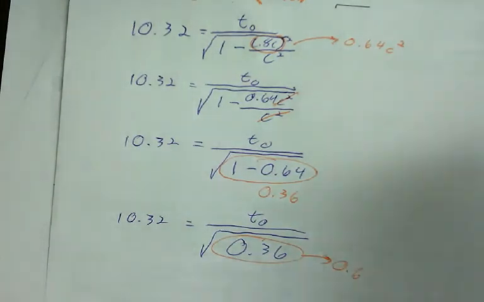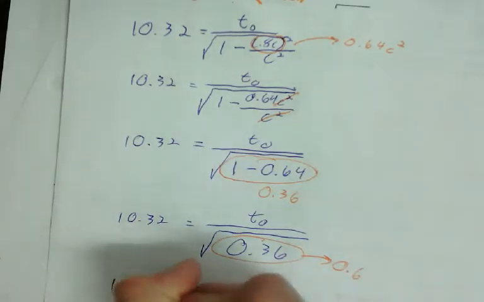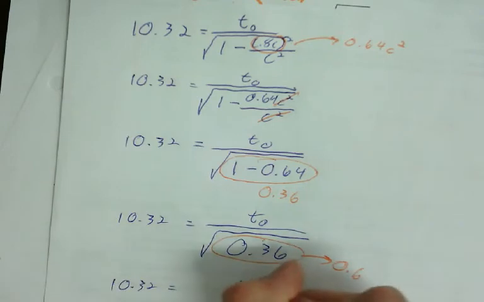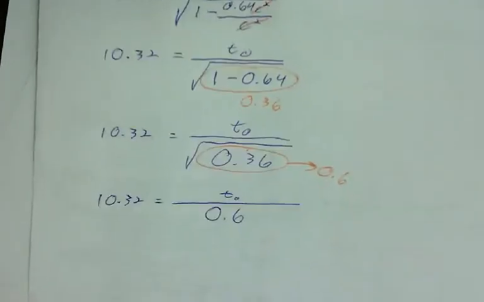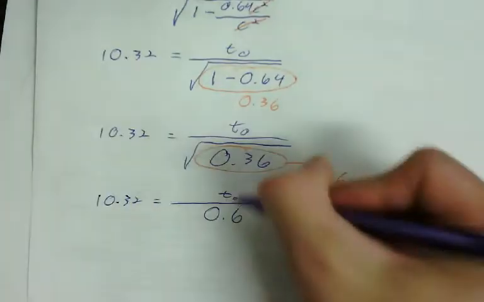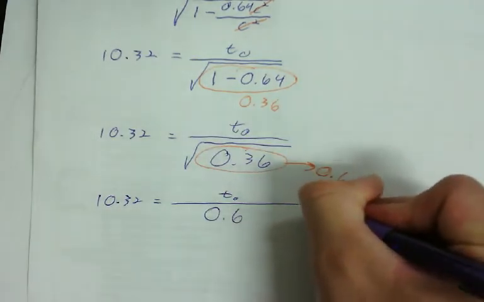Don't you love when Mr. B picks really nice, happy numbers? Not that I did that because I wanted an easy problem to solve. So now we've got 10.32 equals T naught over 0.6. And now we're in the clear, right? Now we're ready to do the algebra that you're used to. Something divided by something else, you have to multiply by the something else.